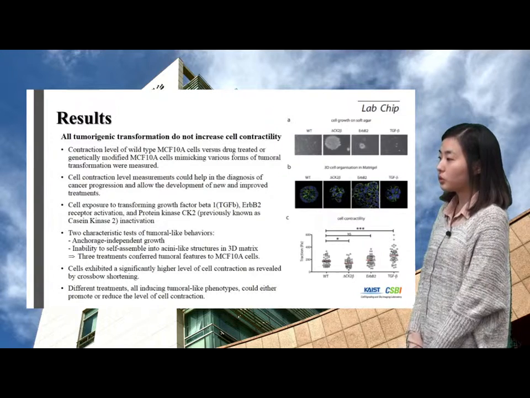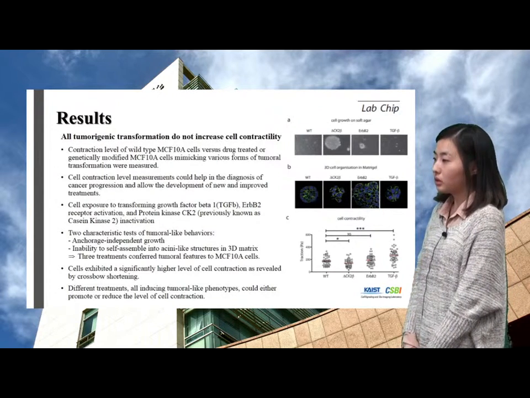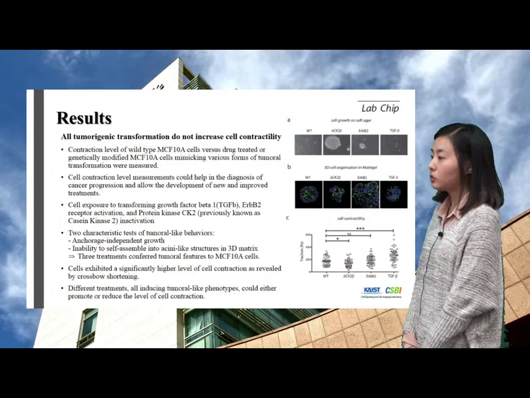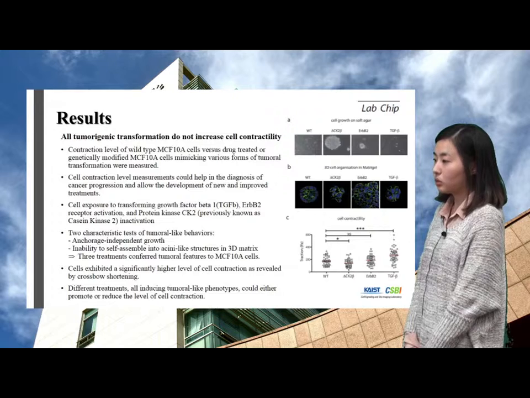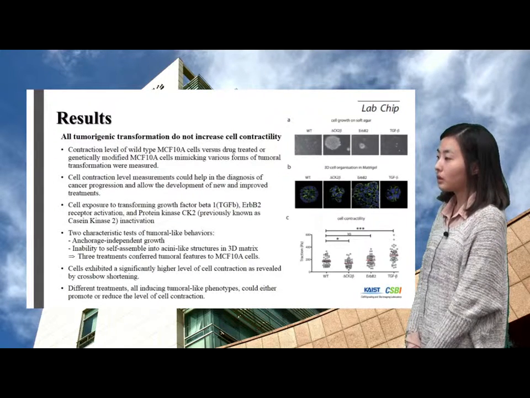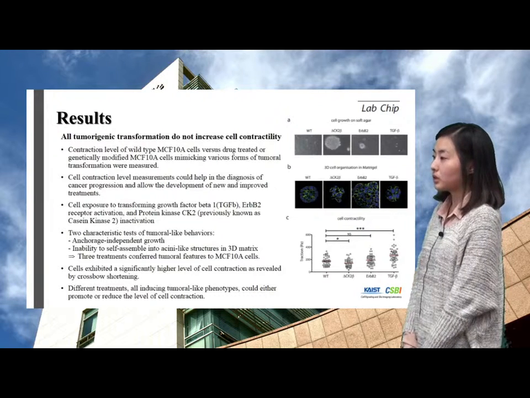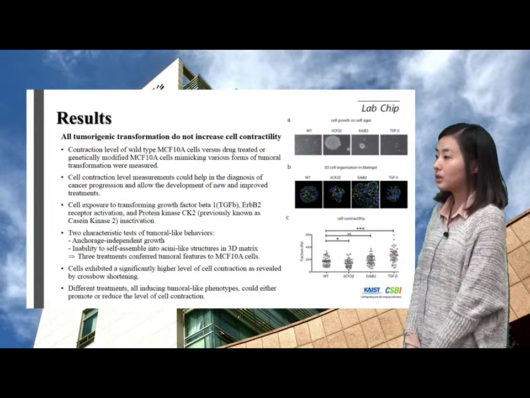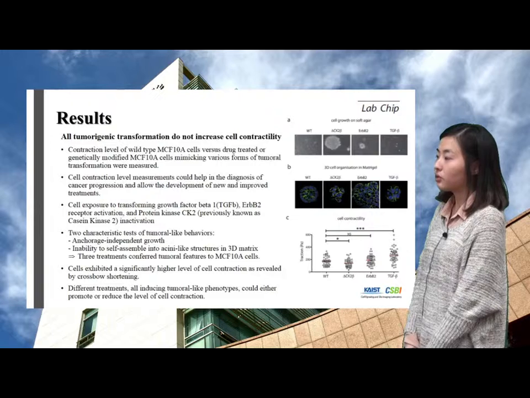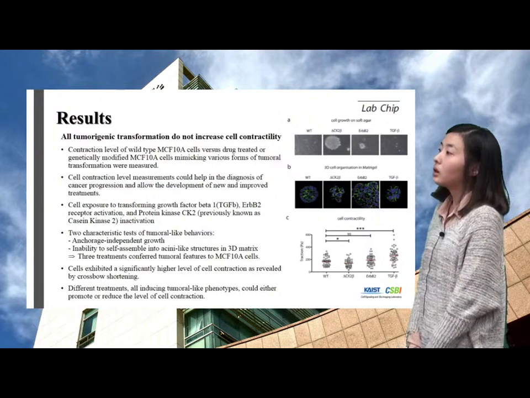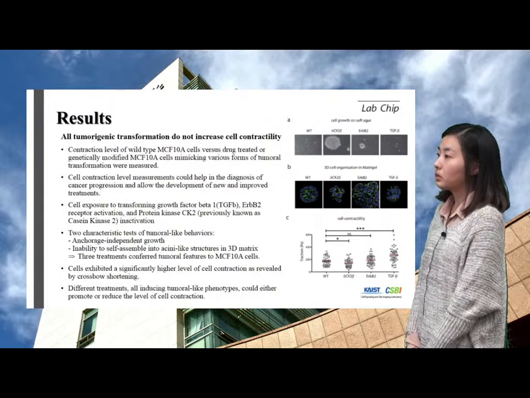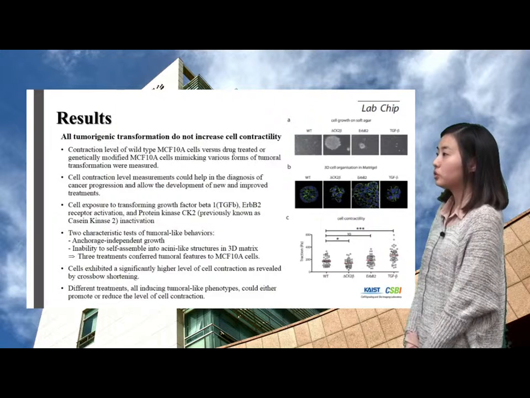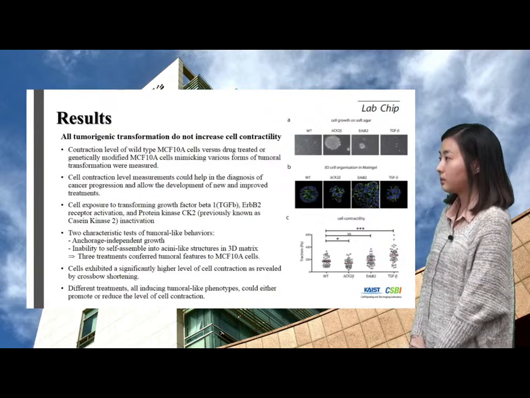Cells were exposed to TGF-beta, ERBB2 receptor activation, and protein kinase CK2 inactivation. With two characteristic tests of tumor-like behavior, anchoring-independent growth and inability to self-assemble into acini-like structures in 3D matrix, they confirmed that their treatment conferred tumoral features to MCF10A cells.